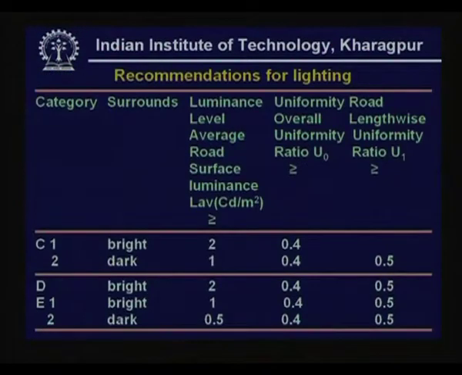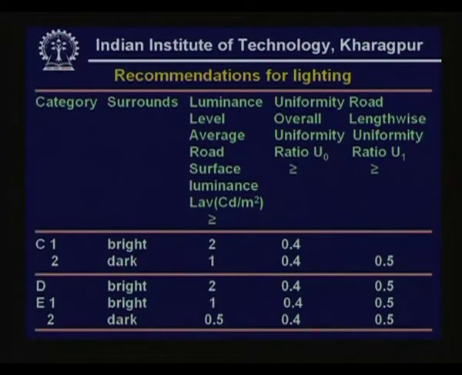When we move to category C, where we do encounter some slow speed traffic, we find for bright surroundings around 2 CD per meter square, whereas with dark surroundings it reduces to 1.